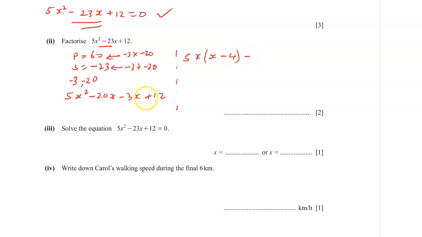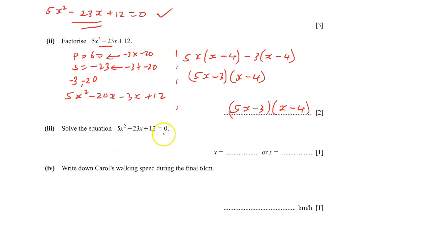Minus, we factorize 3, we get x minus 4. Our expression reduces to 5x minus 3 into x minus 4. So our factorization here is 5x minus 3, x minus 4.